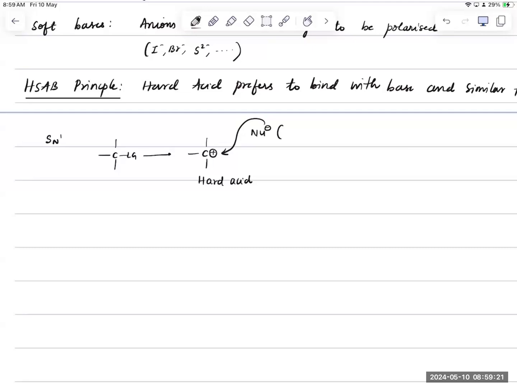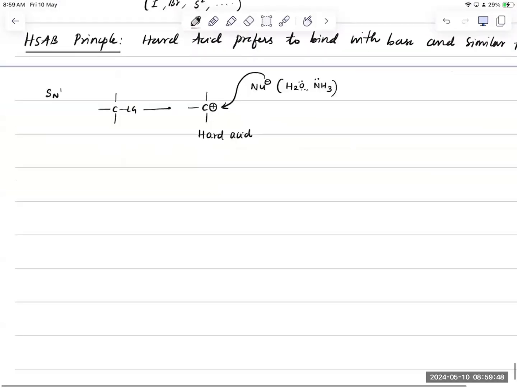So that means any oxygen connected, like water, for example, or like ammonia, NH3, nitrogen connected. So nitrogen connected and oxygen connected are hard bases. That's why you will notice that SN1 is happening with water, alcohol, all of them, from the oxygen end. You'll always see oxygen getting attached.